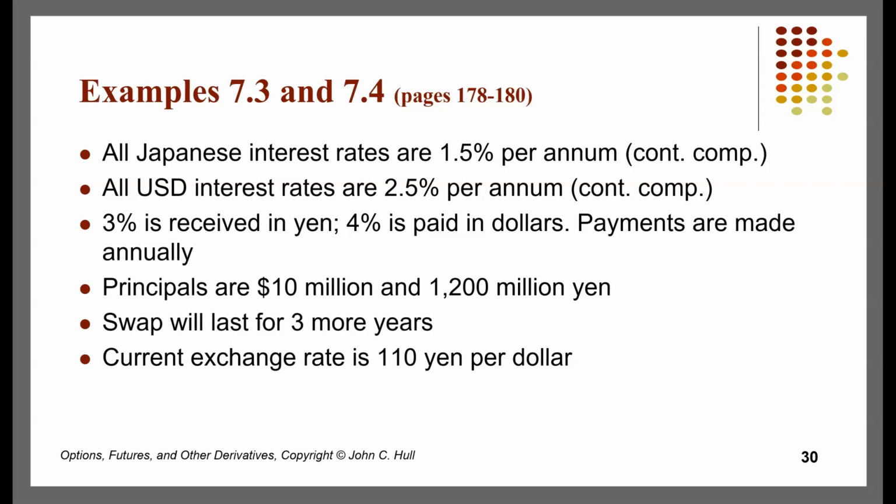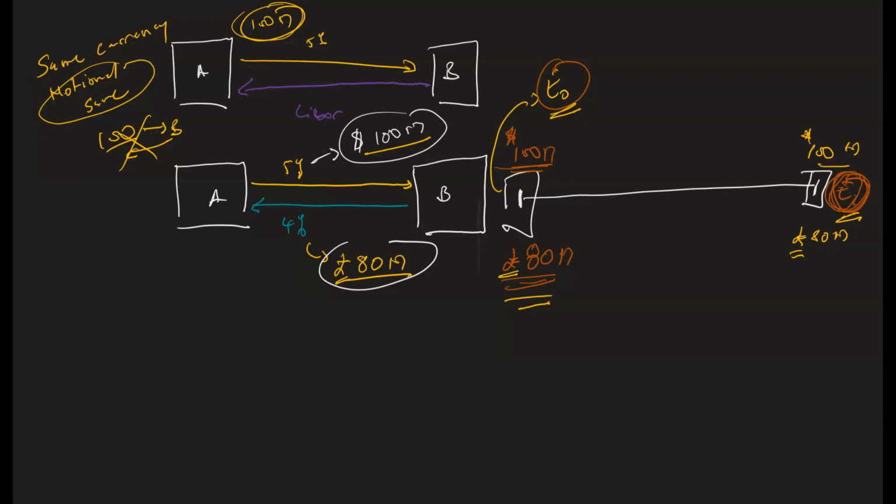And our example says that we are working with two currencies, the Japanese yen and the US dollar. And the interest rate in Japan is going to be at 1.5%, and this is continuously compounded. The interest rate in the US is going to be at 2.5% per year, and that's also continuously compounded. Maybe I should actually get my data together here so that I don't have to do the back and forth.